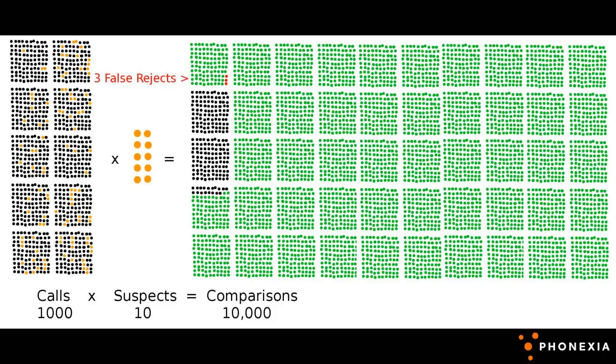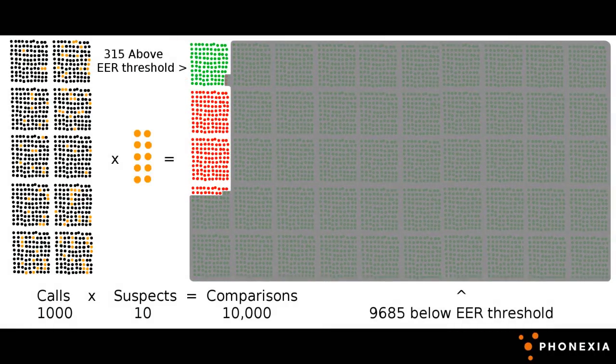And 2.2% of the non-target comparisons will be falsely accepted as if the caller was in the database. That will be around 218 comparisons. So in the end, the system will suggest just 315 comparisons out of the original 10,000 for further processing.